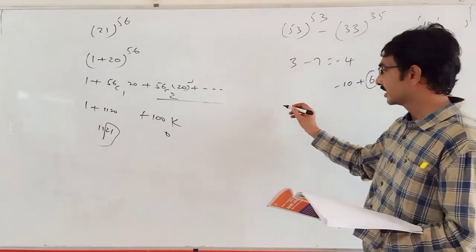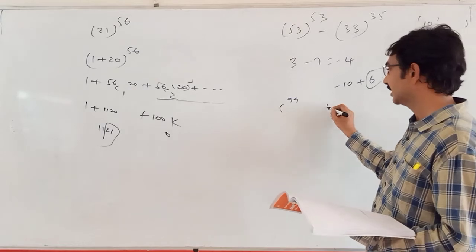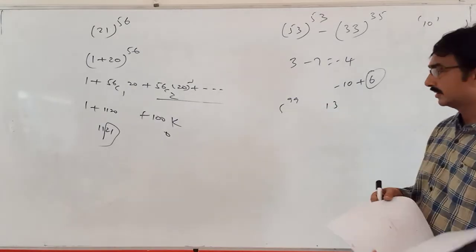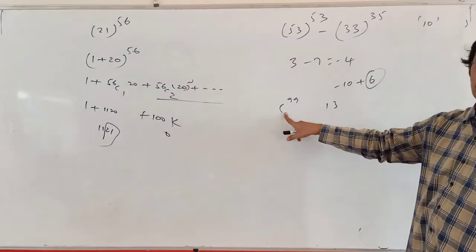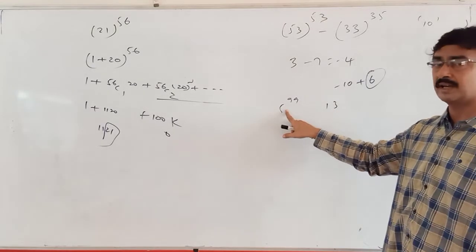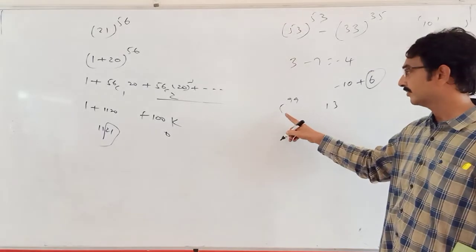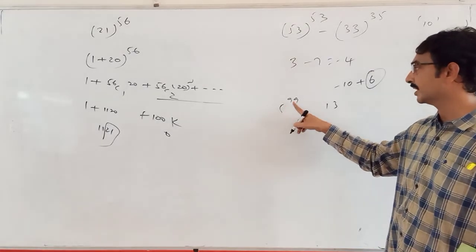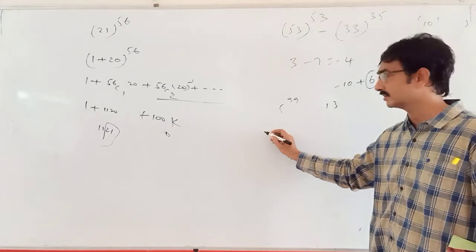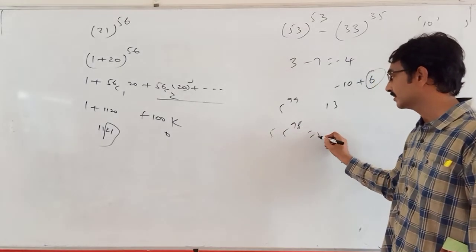Next, remainder of 5 power 99 when divided by 30. So clear, 5 square is 25, and 13 into 2 is 26. 25 can be expressed as 26 minus 1. But 99 is an odd number, so first take 5 into 5 power 98.